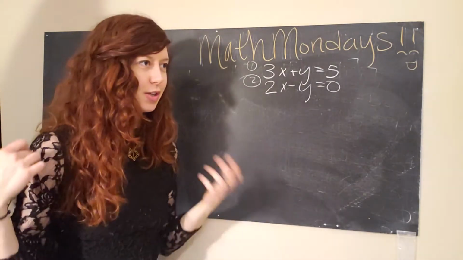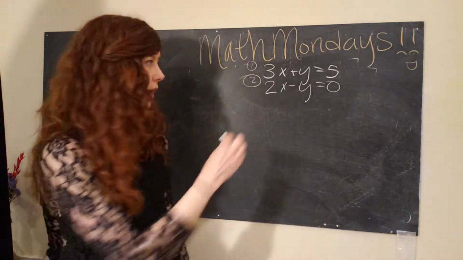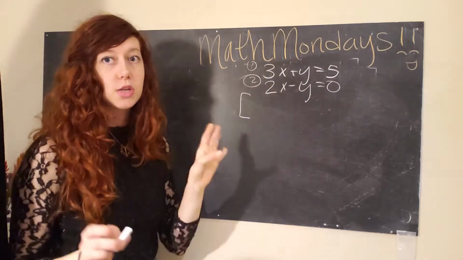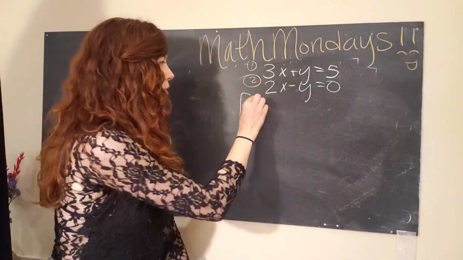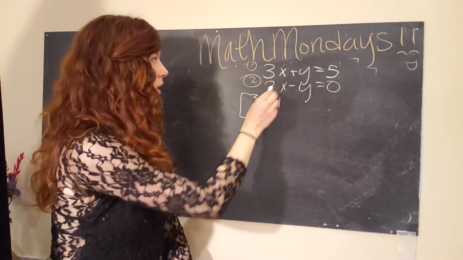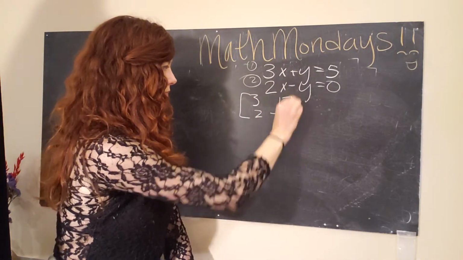Just like most of your teachers, I'm going to start with this simple example so that we can wrap our heads around it. What we do is we use the first matrix to represent the coefficients, or the numbers in front of our variables. So in this case, the first equation is 3 and 1, and the second equation is 2 and -1.